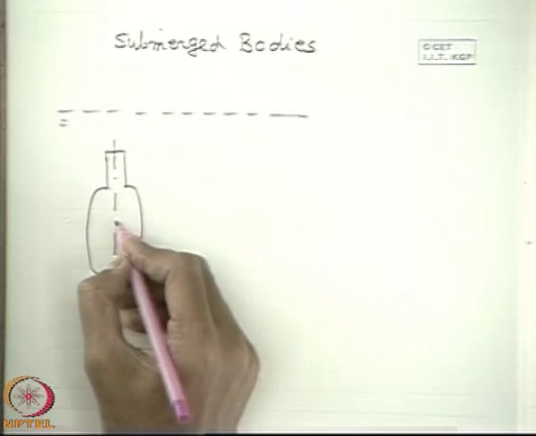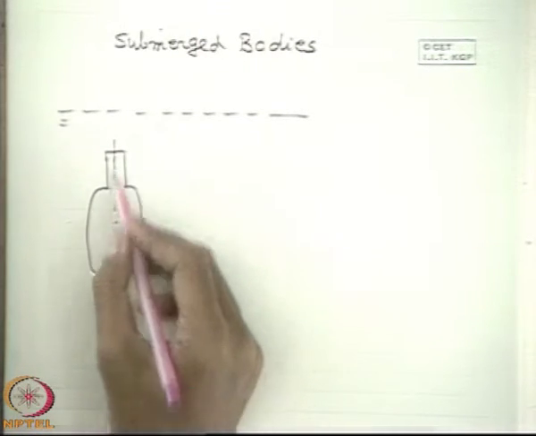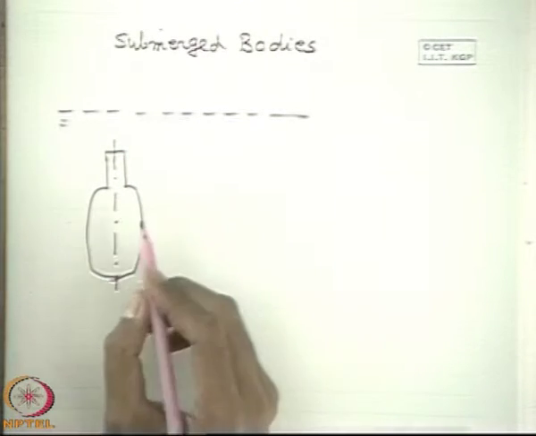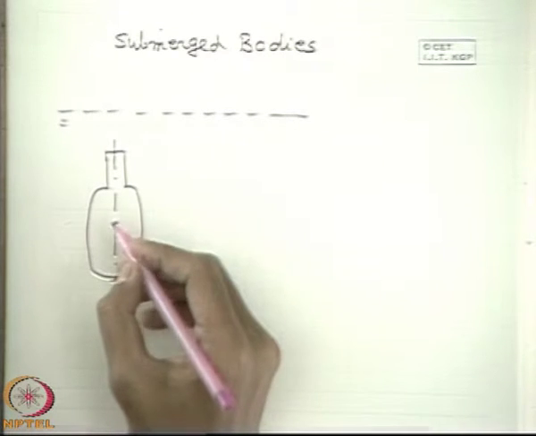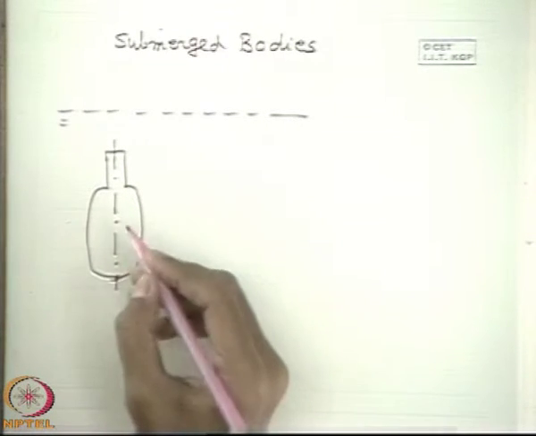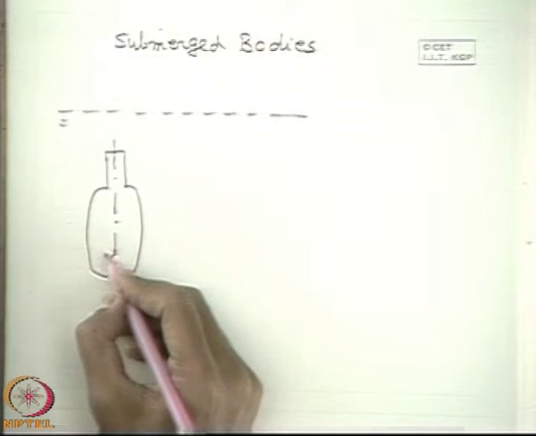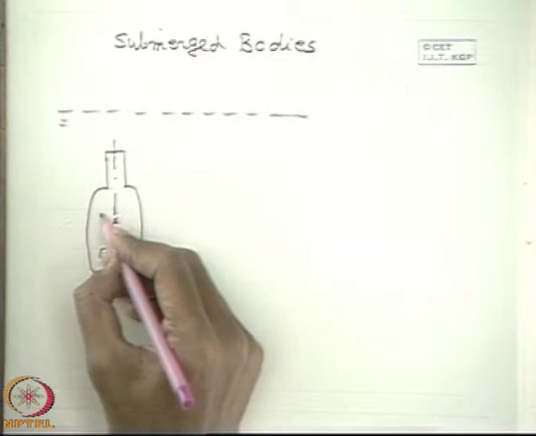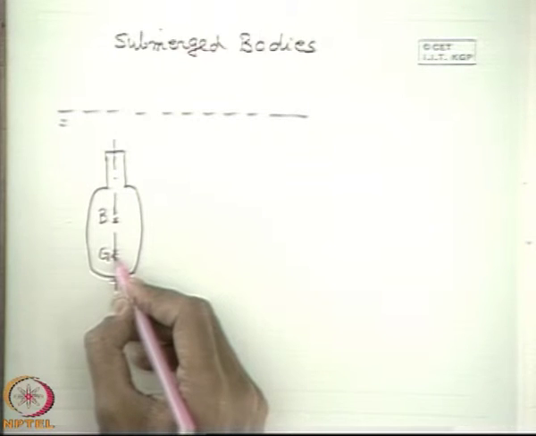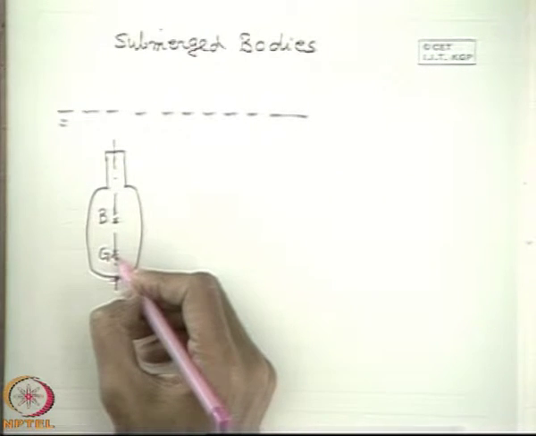Now you see the center of gravity and center of buoyancy should be in this line. Now there may be three options regarding the point of application of center of gravity and center of buoyancy. One option is that center of gravity may be below the center of buoyancy, this is center of buoyancy.